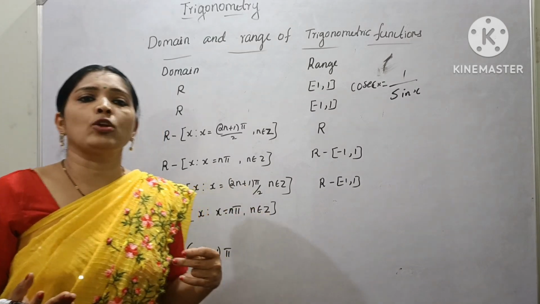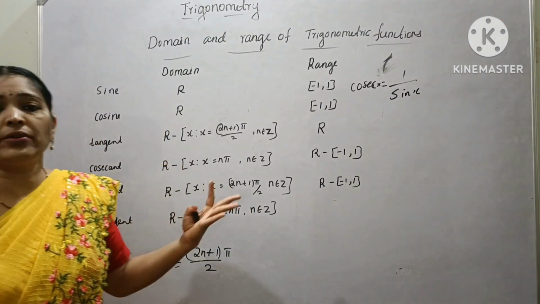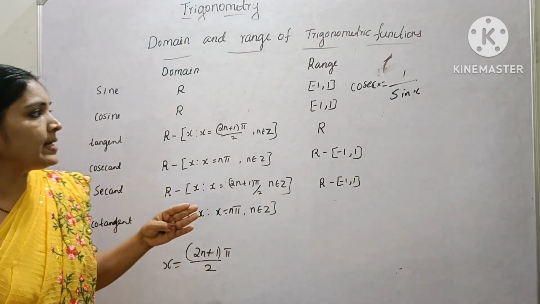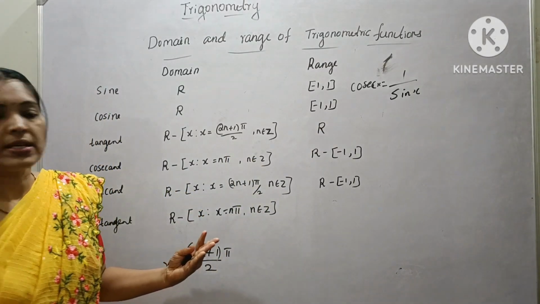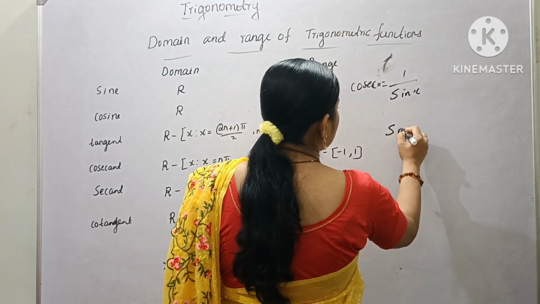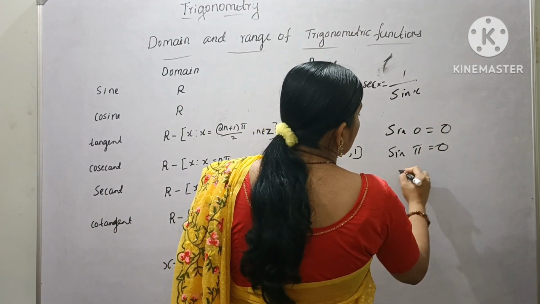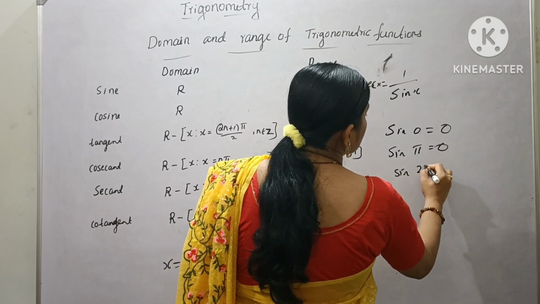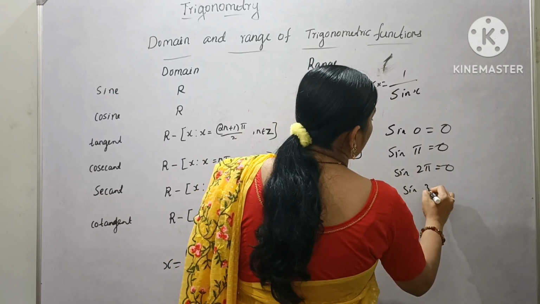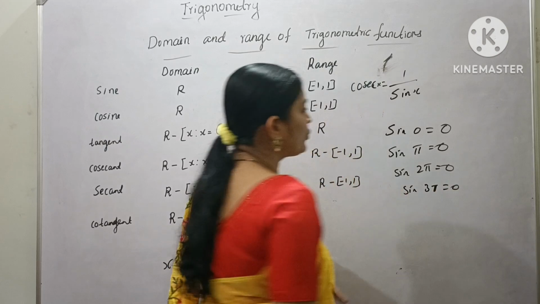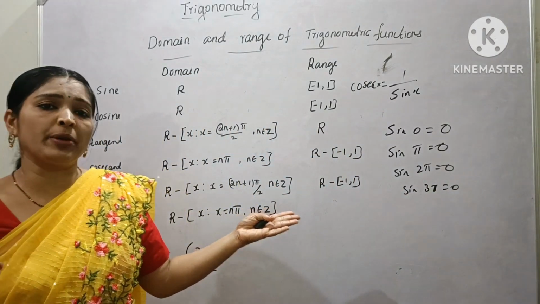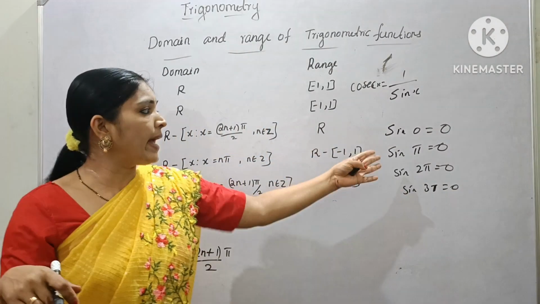So for which angles is the sine function 0? Sine 0 is 0, sine pi is 0, sine 2 pi is 0, sine 3 pi is 0. If you want, you can check my previous videos, where I mentioned this in that class.